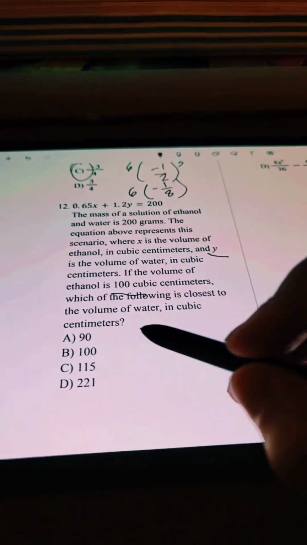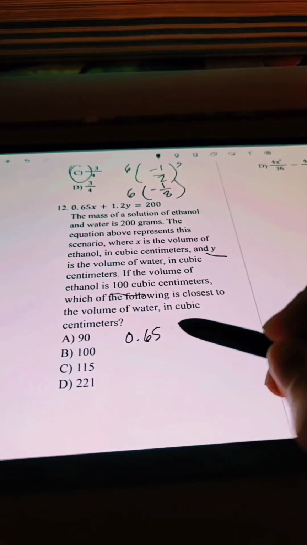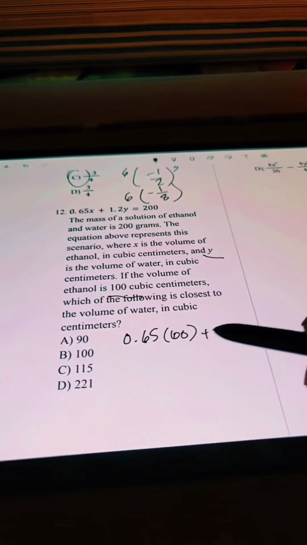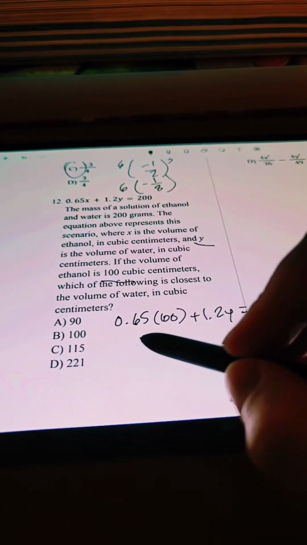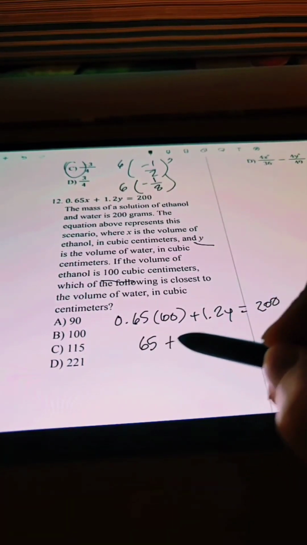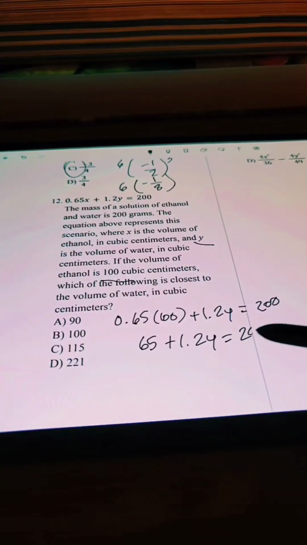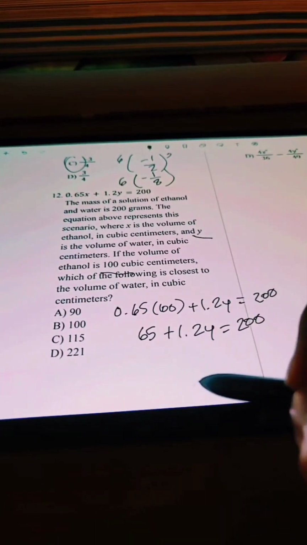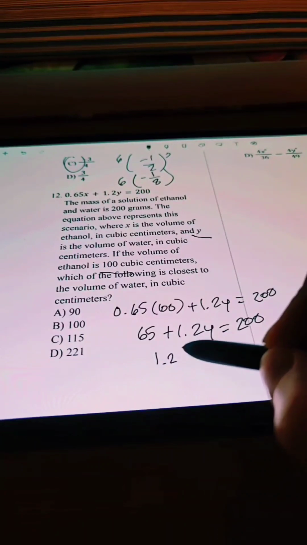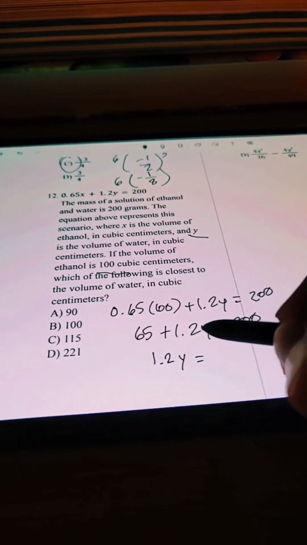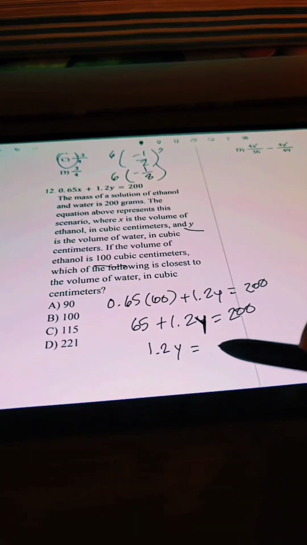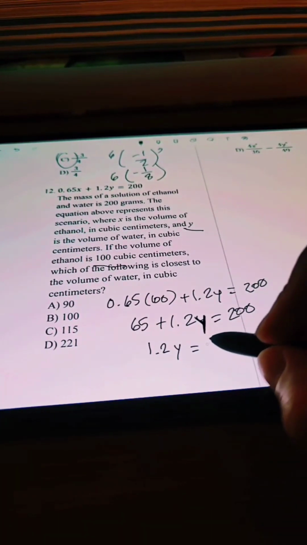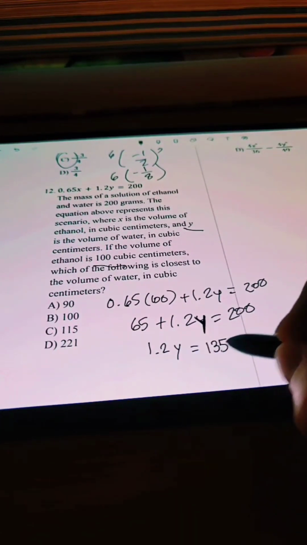So I'm going to do 0.65 times 100 plus 1.2y is equal to 200. So this is going to be 65 plus 1.2y is equal to 200. And then minus 65 on each side, and we have 1.2y. I realized that kind of looked like a 4, so I'm going to make it look more like a y right now. 1.2y is equal to 135.